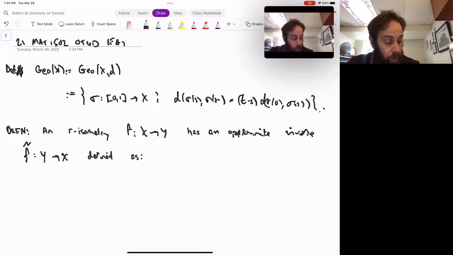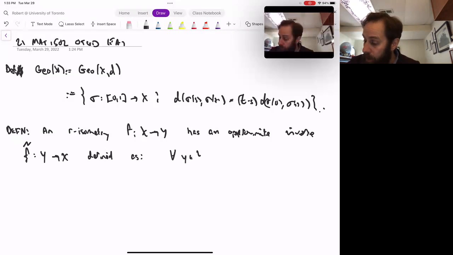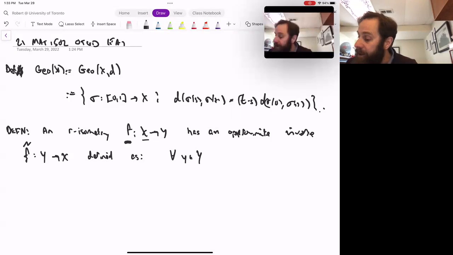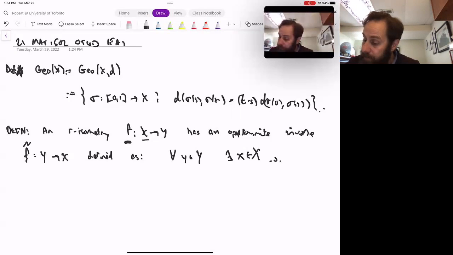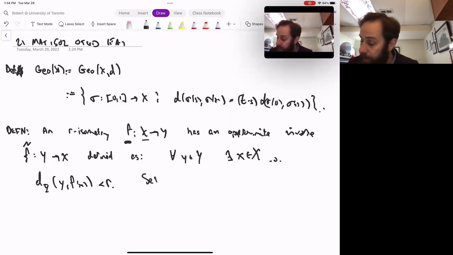So what do we know? We know for every y in the target, because the image of X under F is an R-net in the target, there exists a point x in the initial space such that the distance in the target of y to F of x is less than R. And so I'm going to set F tilde of y to be x.